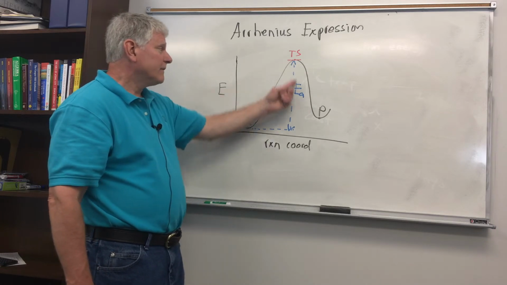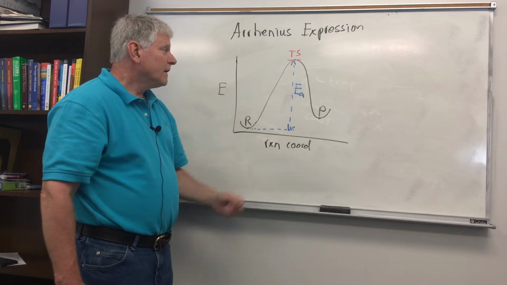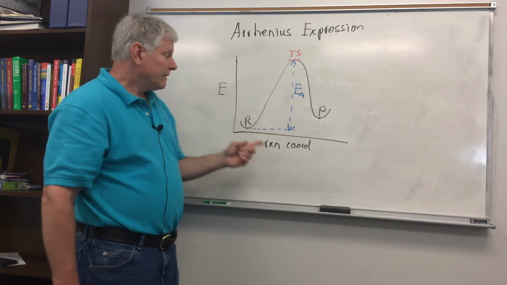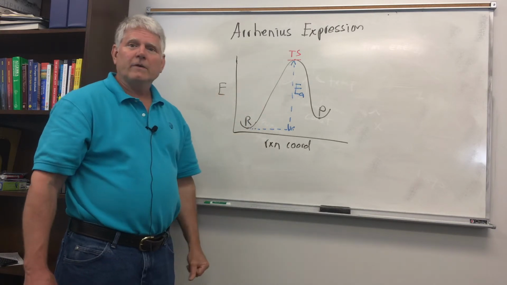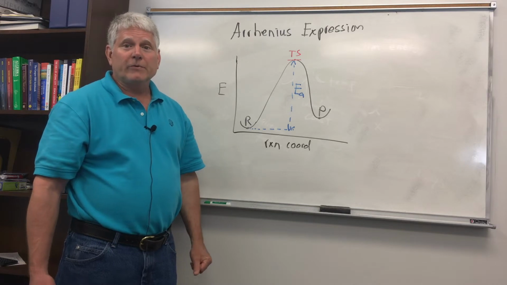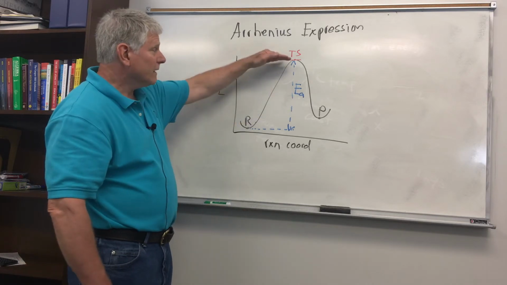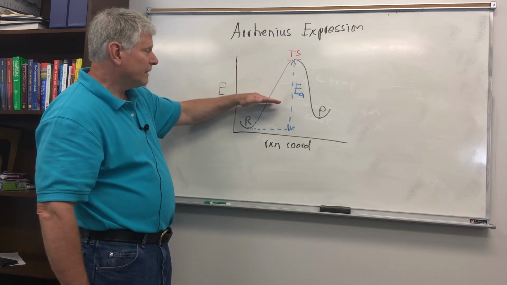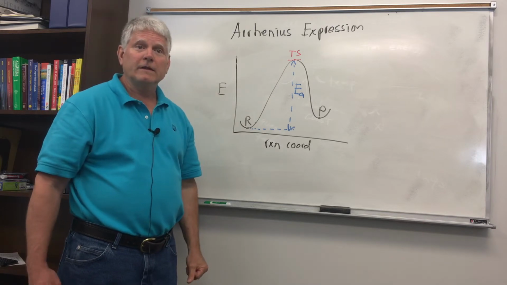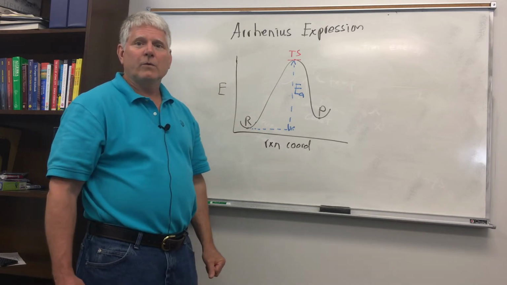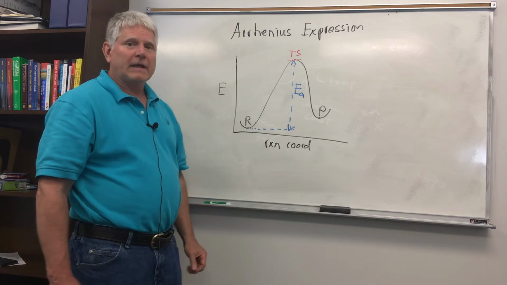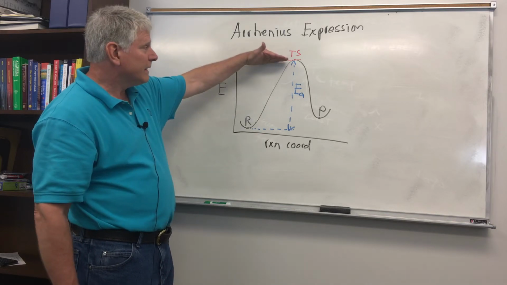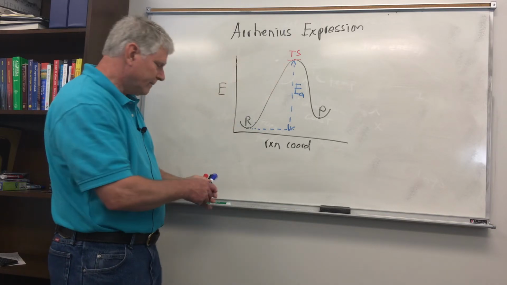If the activation energy is very large, then it takes a lot of energy to get over this barrier, so the reaction will proceed slowly. If we can lower the barrier, then the reaction will proceed more quickly. Now a catalyst has the ability to lower the activation barrier.